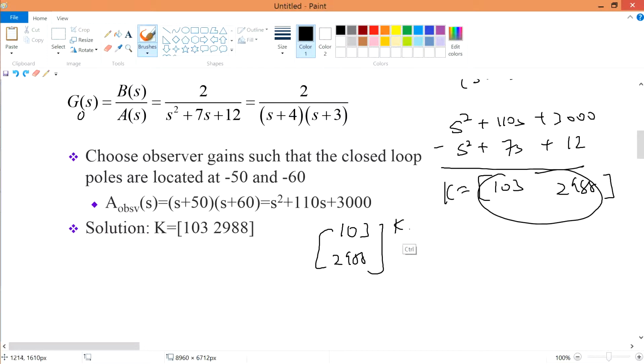Sorry, I should have said L, because it's L now, where L is equal to K transpose. This is your K2, this is your K1. If you transpose, this becomes L2, L1.